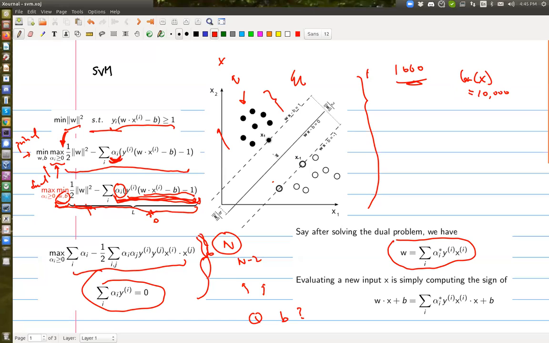I can have n equal to 1,000, and then I know what the alphas are. I know alpha star, and for alpha star I know what W is, but I didn't give what B is here.